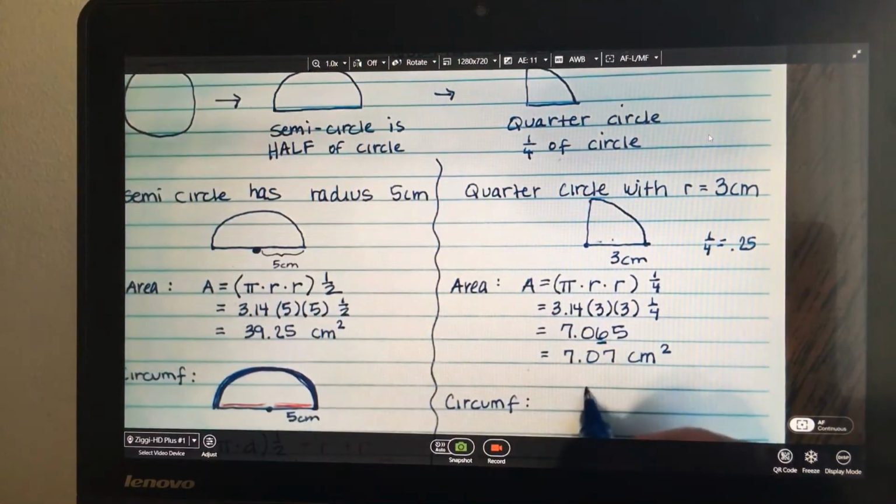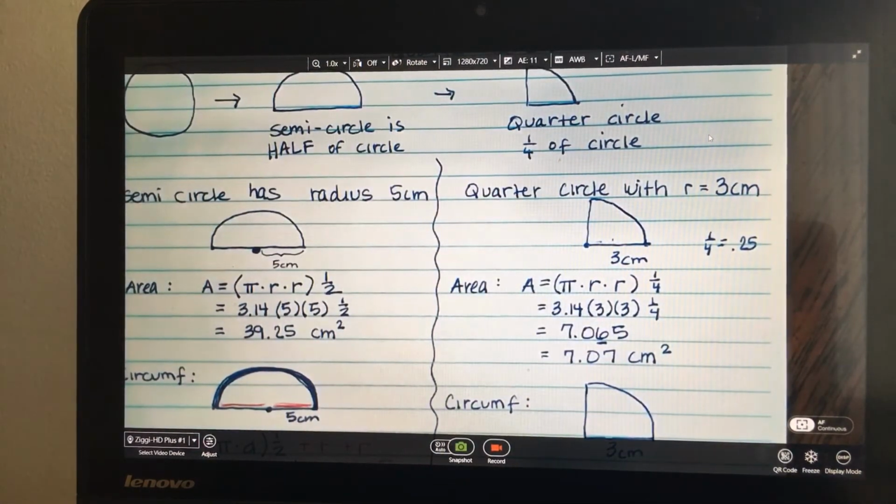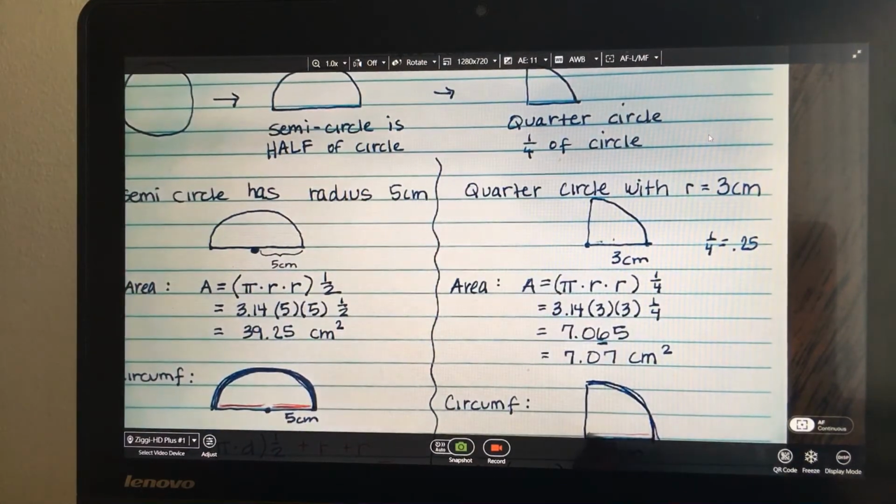Again, I'm going to redraw it down here. 3 centimeters radius. So our circumference is pi times diameter. And again, we're just using a quarter of that distance, so 1/4, and we'll use 0.25 for that. But then to complete this shape, we also need a radius of 3, and this is another radius of 3 too.